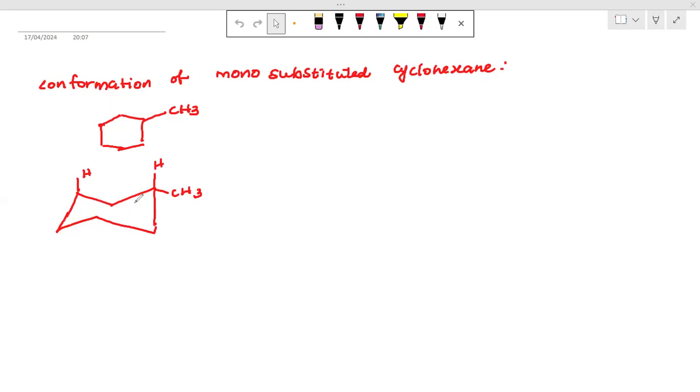Otherwise, we can write it also up, and in these two components, this axial hydrogen diaxial interaction will take place. Hydrogen diaxial interaction, 1,4.